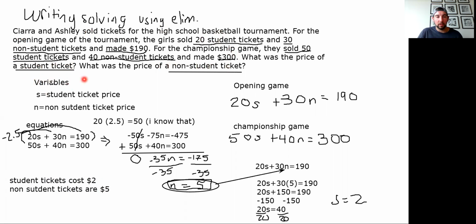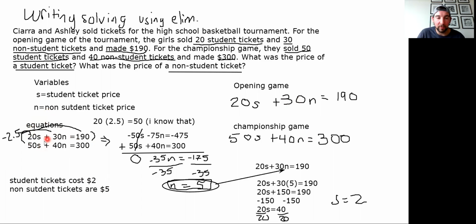So the question gives you your variables. Then I was able to use the situation. So the opening game, 20 and 30, that wrote this equation. Then I did a championship game, and that wrote this equation. If I put those together, I have my total equations right here.